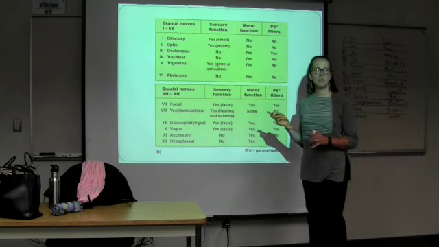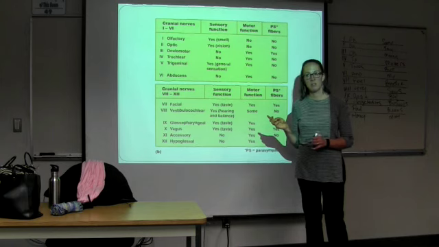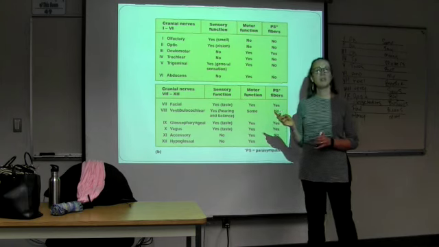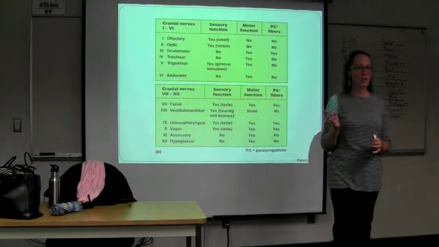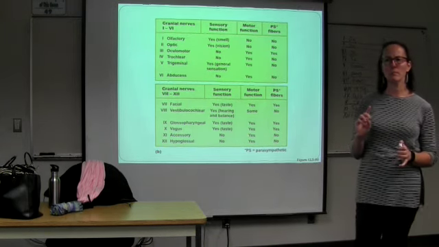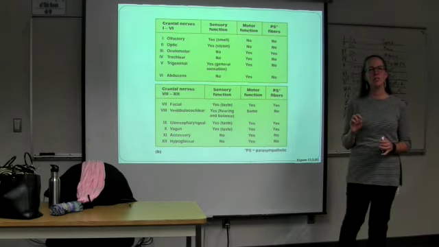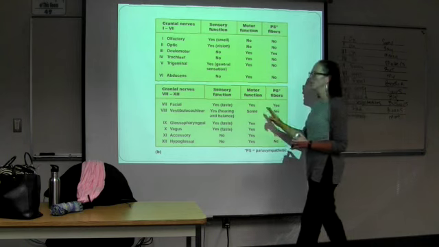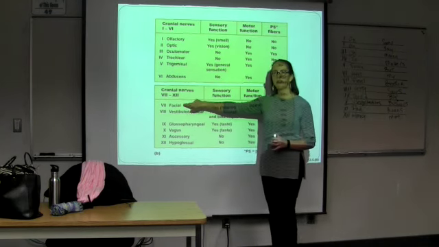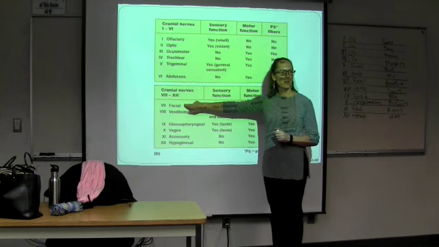Facial, does anybody need me to repeat any of those? Facial is movement of the face, other than chewing. Taste to the front of the tongue. Facial allows you to make faces, motor to the face, taste to the front of the tongue.